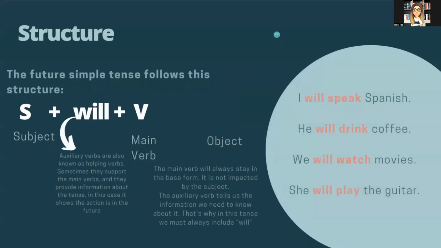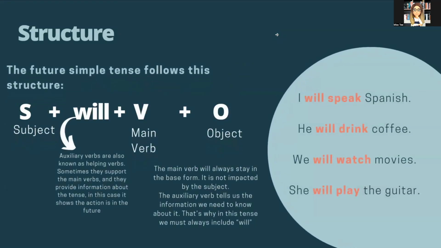So this tense follows a certain structure. We've seen the SVO structure before, and now with the simple future tense, we have the subject, plus the auxiliary verb will, plus the main verb, plus the object.